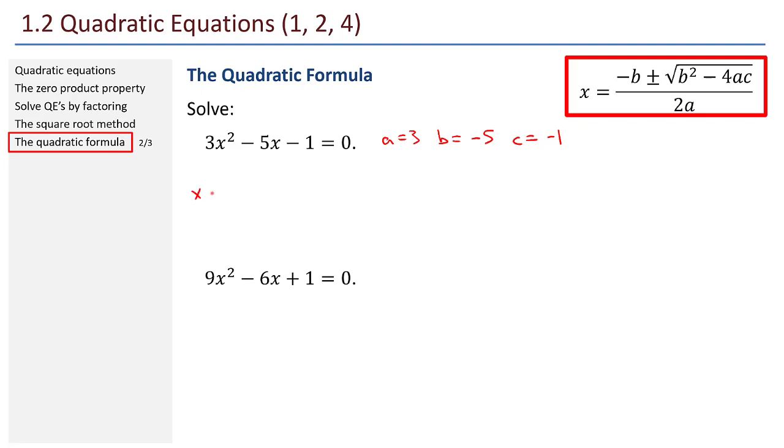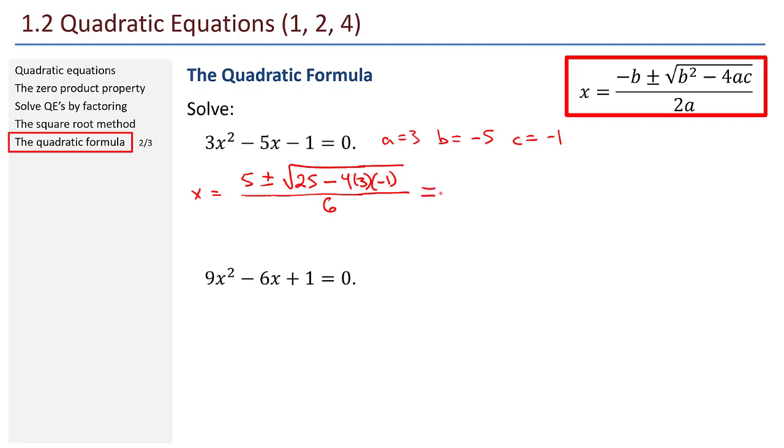Putting this into the quadratic formula, x equals -b, so 5, plus or minus the square root of b squared, I'll go ahead and write out 25, minus 4ac, so 4 times 3 times -1. That's all over 2a, so I'll just write 6.